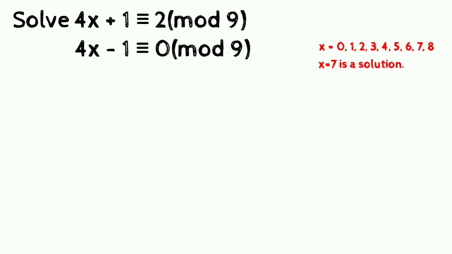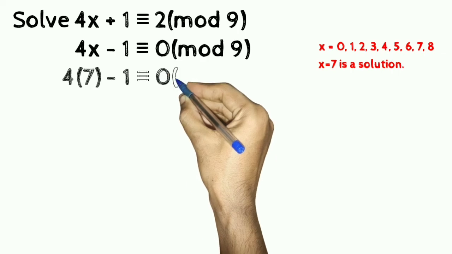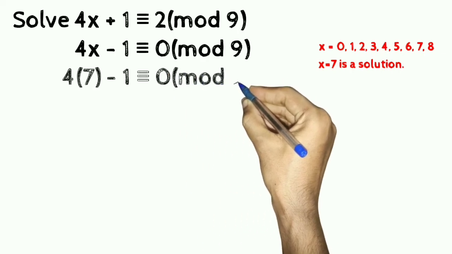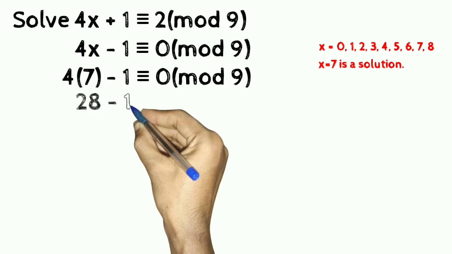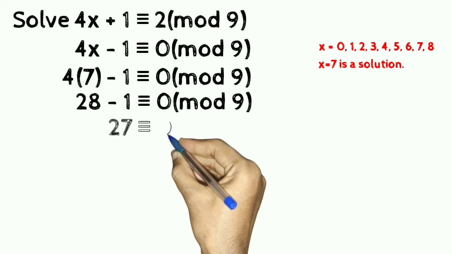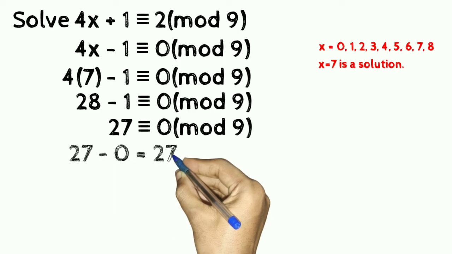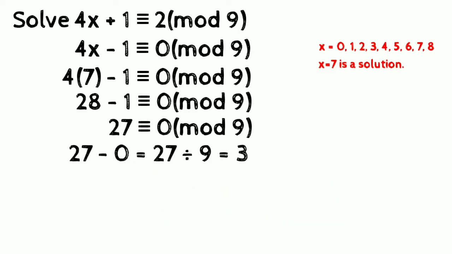Let's substitute 7 to 4x minus 1. That will become 4 times 7 minus 1. 4 times 7 is equal to 28 minus 1. 28 minus 1 is equal to 27. And 27 divided by 9 is 3. Therefore, 27 is divisible by 9. Therefore, in this problem, our solution is 7.